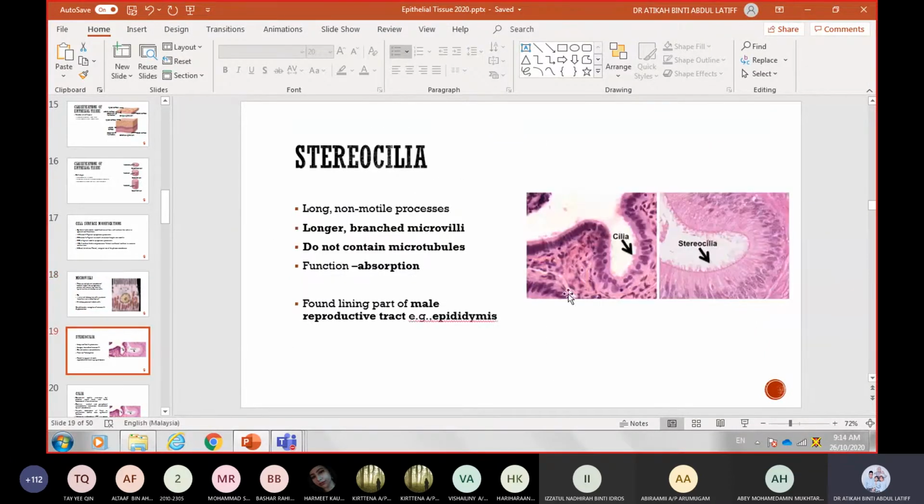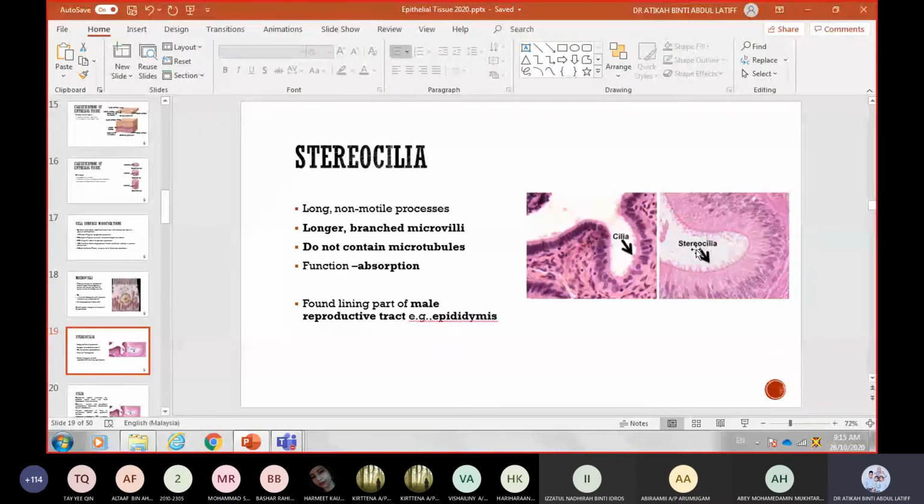Next, we also have stereocilia. You can see here is stereocilia and cilia. Please do not be confused between the two. The names are quite close, but the function is different. Stereocilia is mainly for absorption. You can see this is an example of the epididymis, which reabsorbs the sperm from the testis.